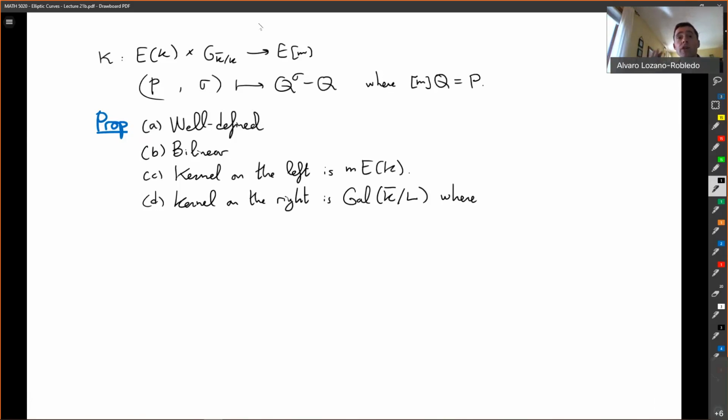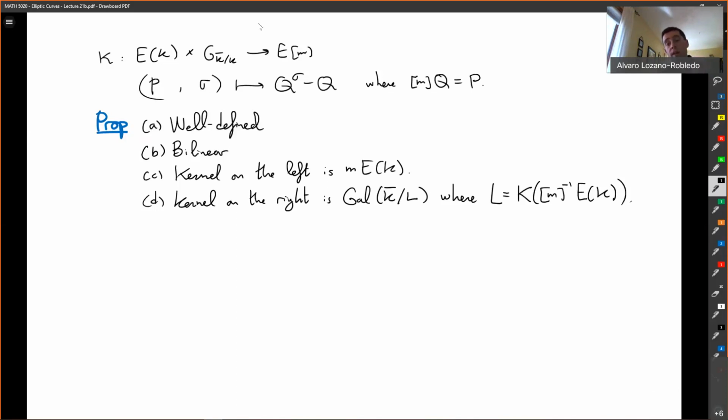Whenever I say an extension L of K, it's going to refer specifically to this field in the proof of the weak Mordell-Weil theorem, which is the field of definition of all the M preimages of E(K). So for example, Q above is in this field.